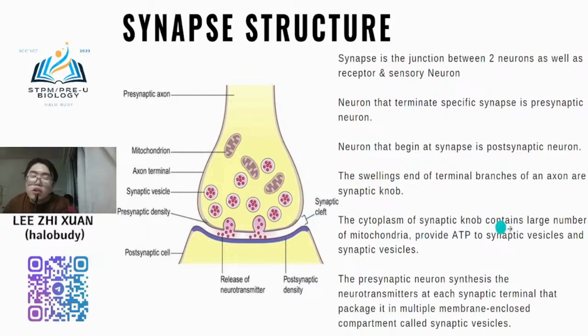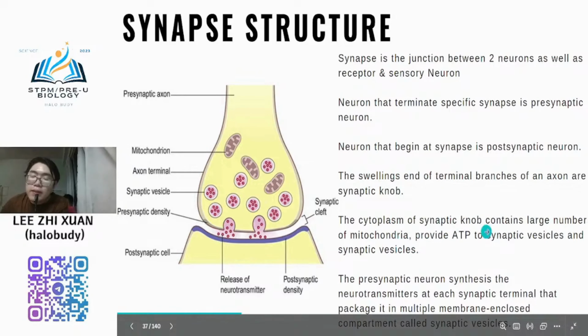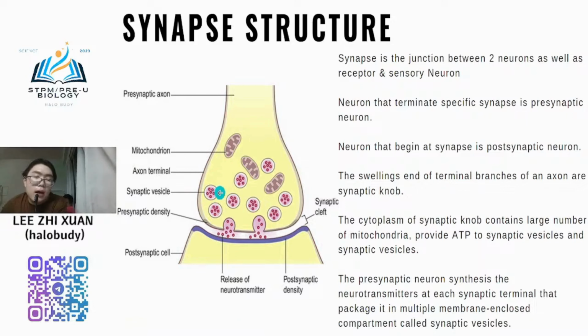The cytoplasm contains mitochondria, which we know because it requires energy, and it contains neurotransmitter. In the presynaptic neuron's synaptic knob, the neurotransmitter is enclosed in the synaptic vesicle.